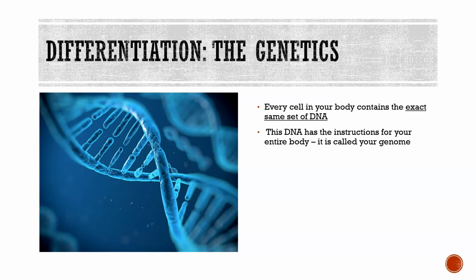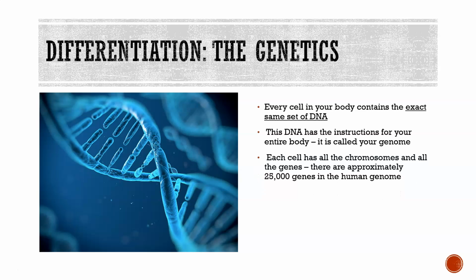So every cell has the full set of instructions for your entire body. That's the genome. Each cell has all the chromosomes and all the genes. Now, there are approximately 25,000 genes in the human genome. Every cell has every single one of them.